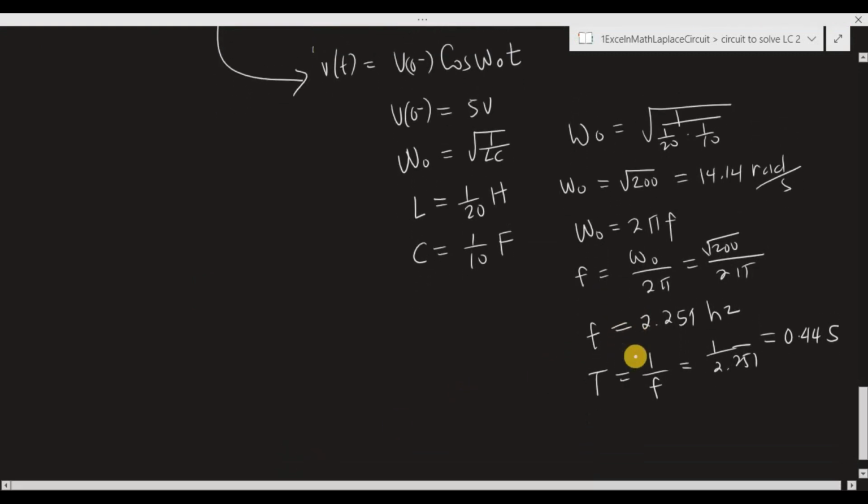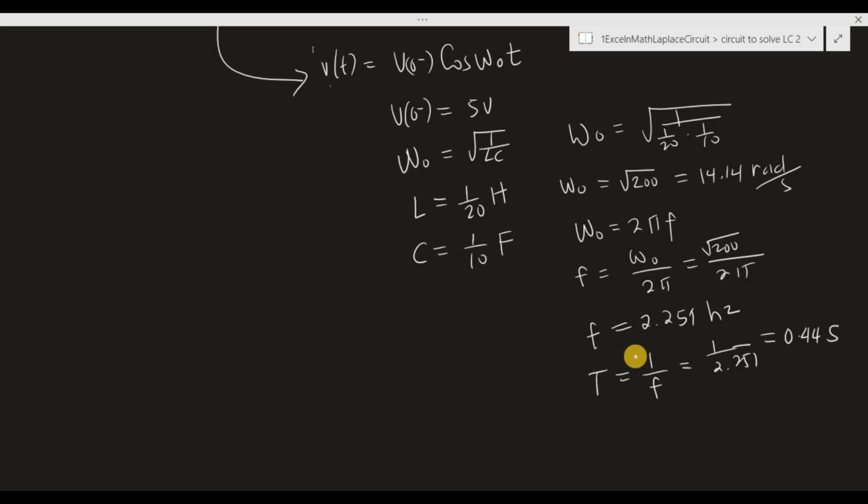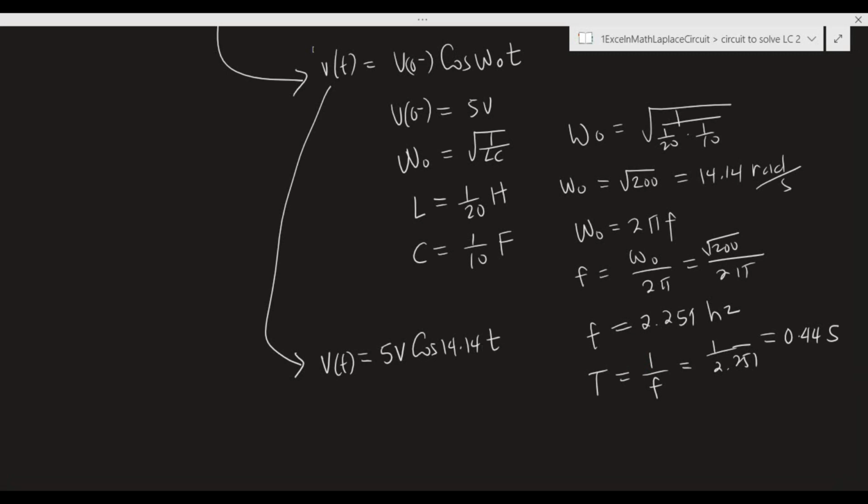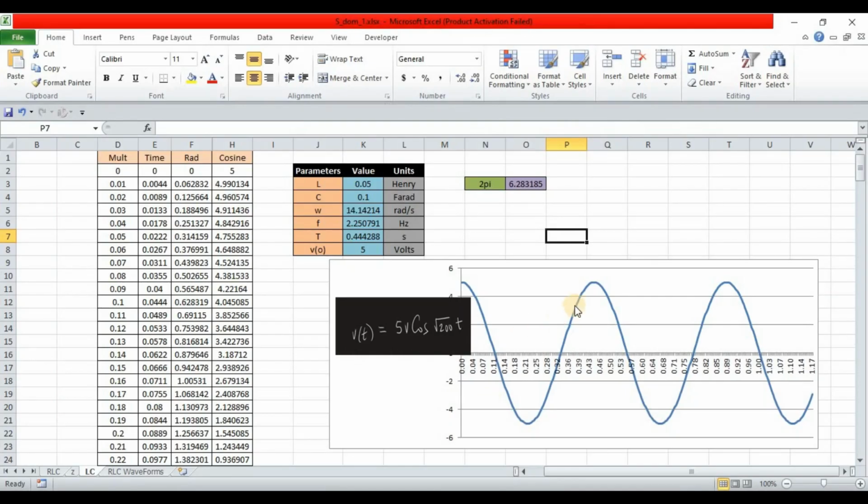Now we can plug the values into the equation. So we get V of t equals 5 volts cosine 14.14 t. And if we graph this equation, it will look like this.